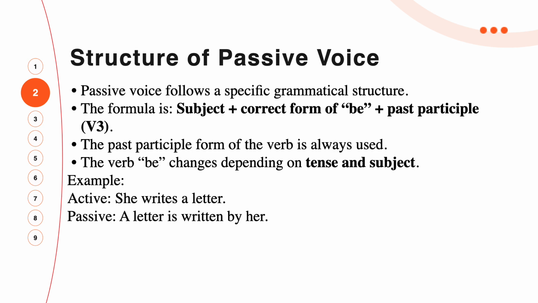The verb be changes depending on the tense of the sentence and the subject used. For example, it may appear as is, am, are, was, were, or will be. For instance, the active sentence she writes a letter becomes the passive sentence, a letter is written by her.